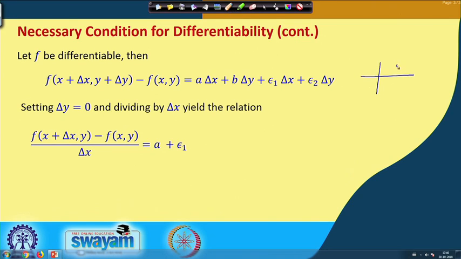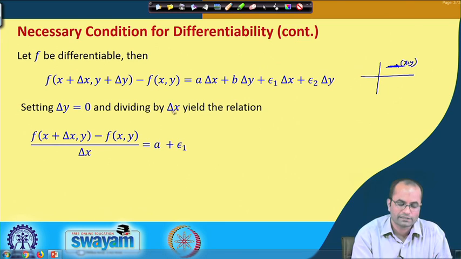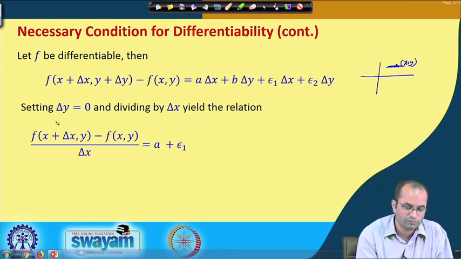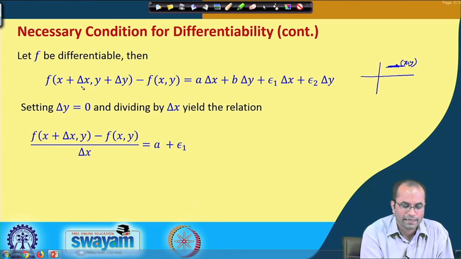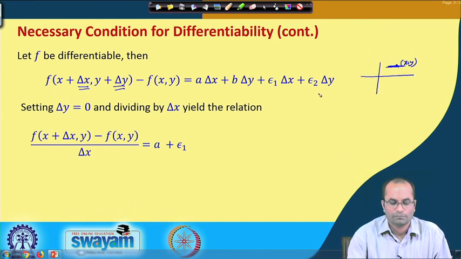So, if we are talking about a point x, y, we have set just delta y to 0. So, again we are in the neighborhood along the x axis by having this delta x not equal to 0 at this moment. And so, we can take any delta x and any delta y and this relation must hold.